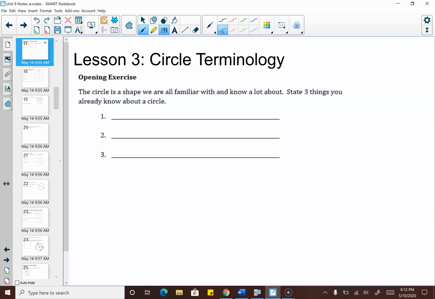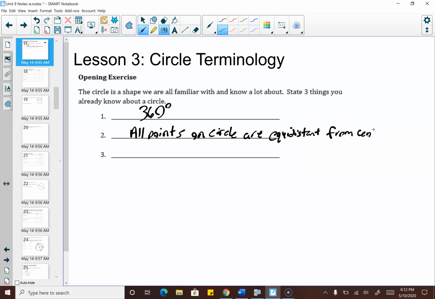Most of the time, the things that come to people's mind are 360 degrees in a circle. We have all points on the circle are equidistant from the center.